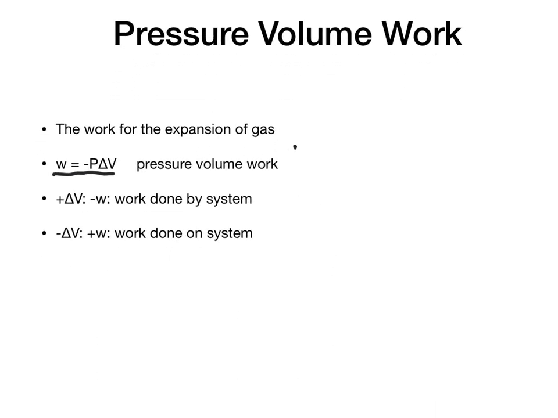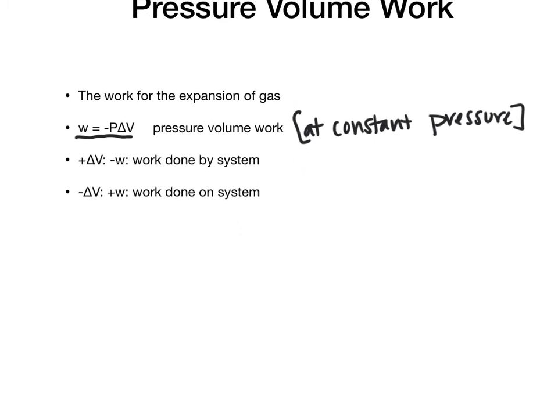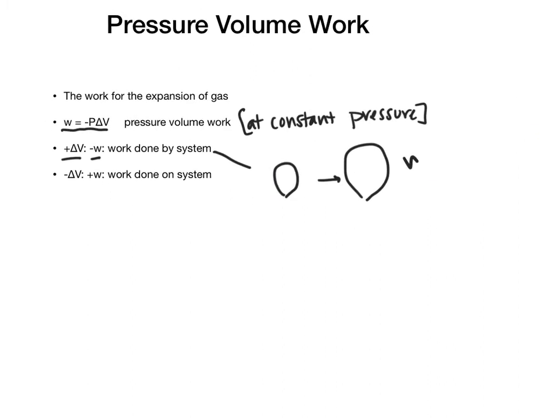This is at constant pressure, where we can change the volume. In this case, what we see here is that when we have positive change in volume, we will get negative work, and so the work is done by the system. Basically, if we think about this as a balloon, if we have one size balloon, and at the end we have a bigger balloon, we did work on the surroundings.